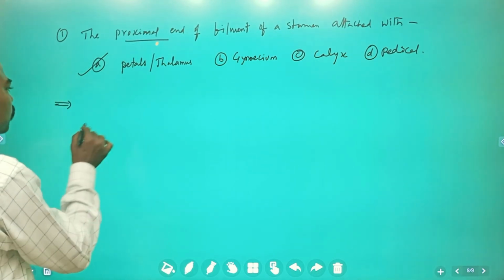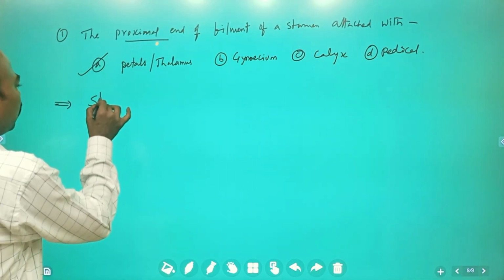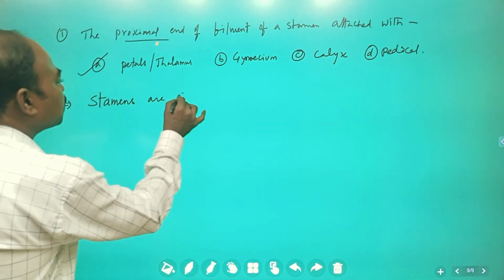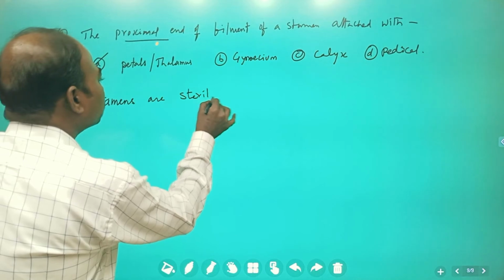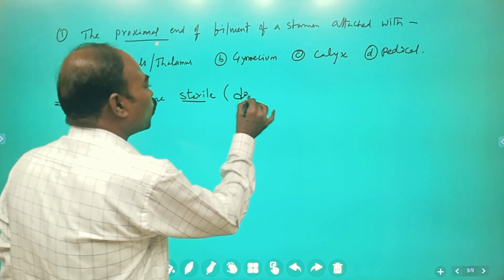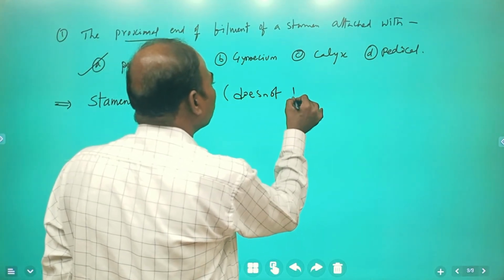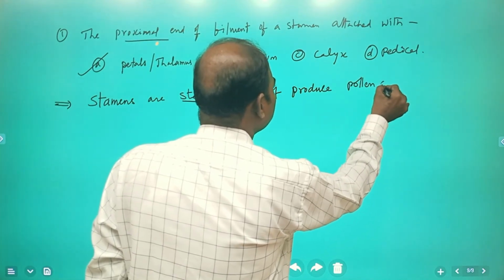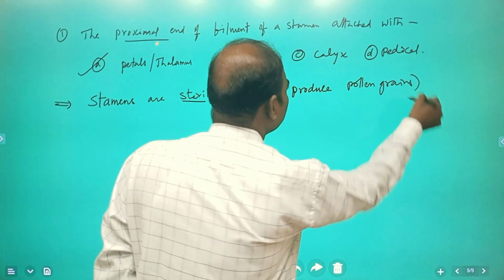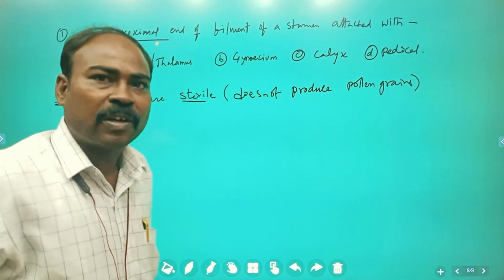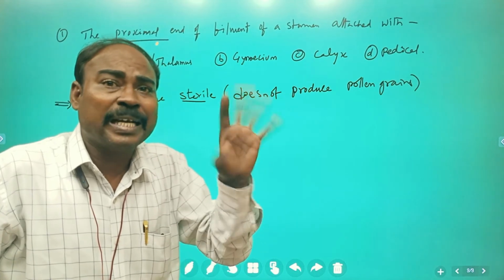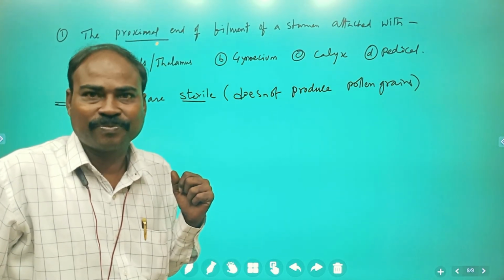Generally, in plants, the stamens are fertile. In some plants, the stamens are sterile, meaning they do not produce pollen grains. The stamen is there in the flower, the anther is also there, but within the anther pollen grains are not produced.